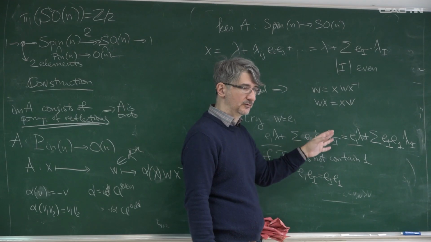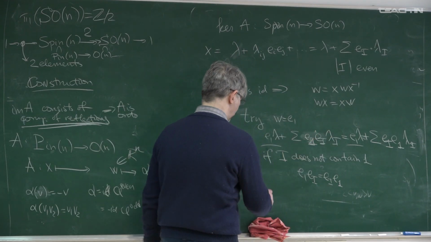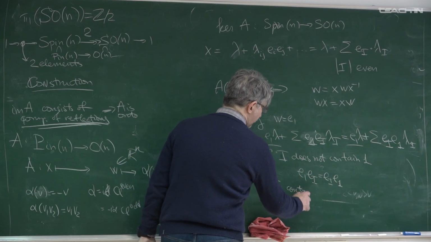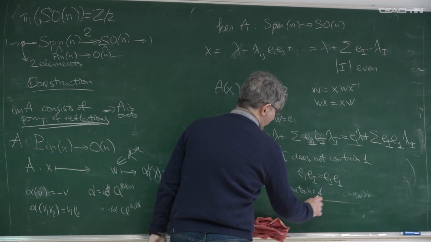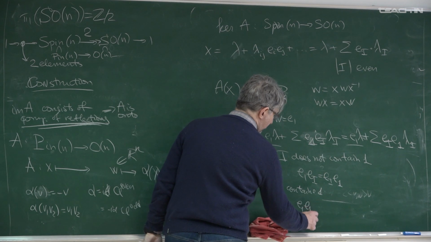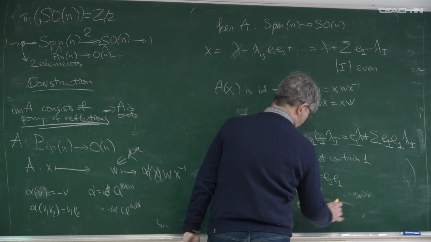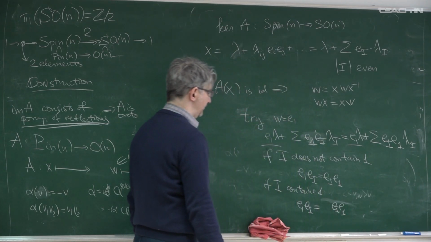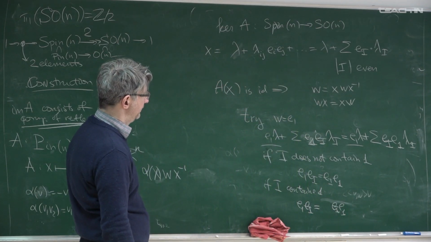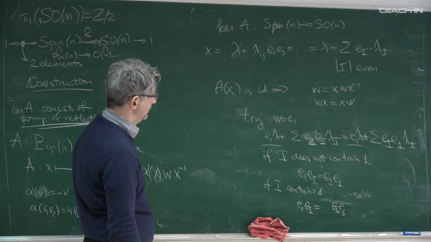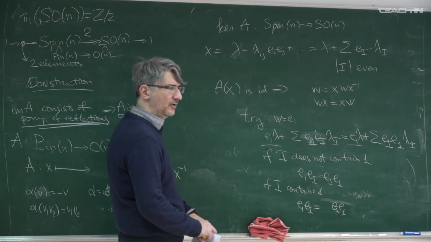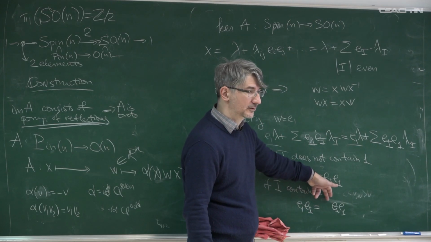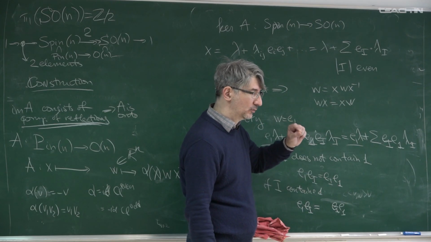These summands coincide. Much more interesting things happen if I contains 1. Then if you write this expression, what will you see? You send e1 from left to right, but at one place you will see e1.